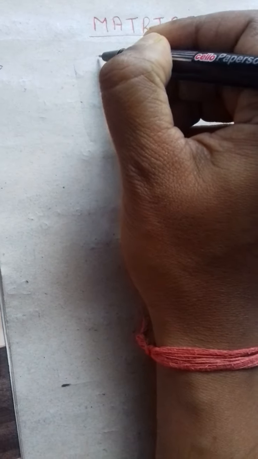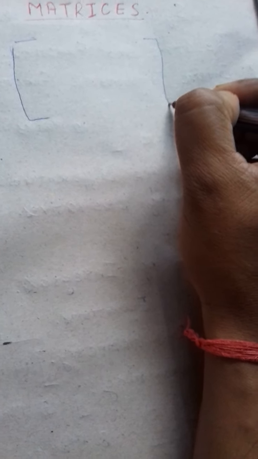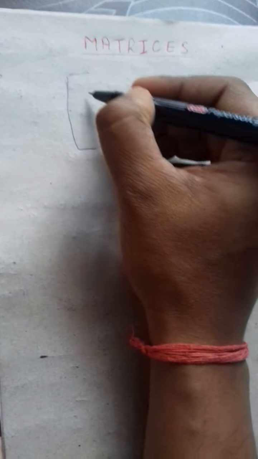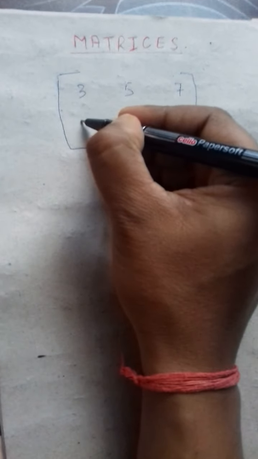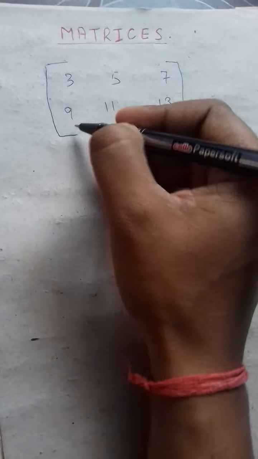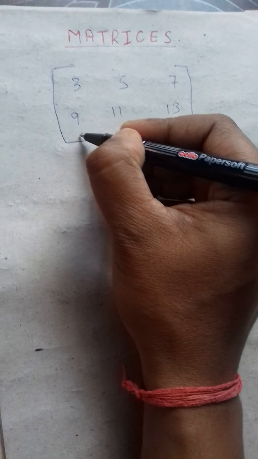So what is a matrix? First we will see this. A matrix is a rectangular representation of numbers or alphabets, which we will arrange in the form of an array.